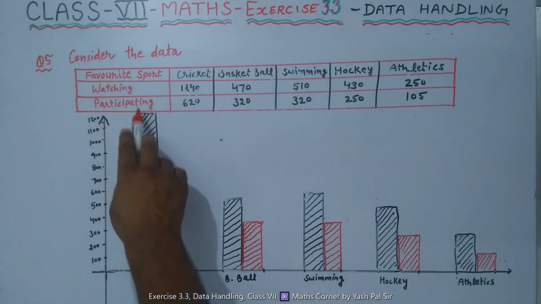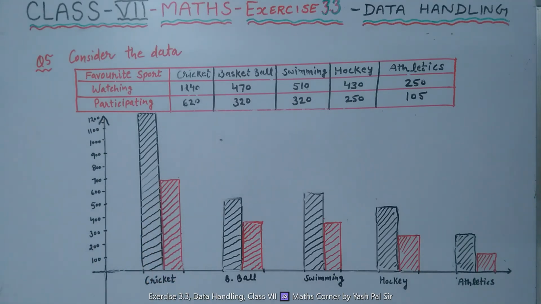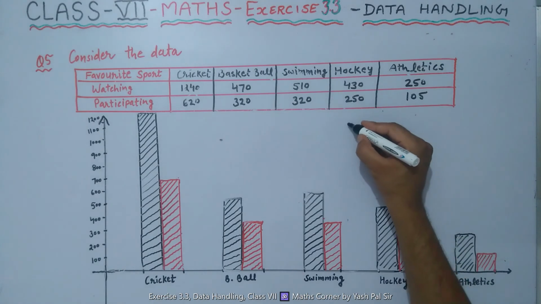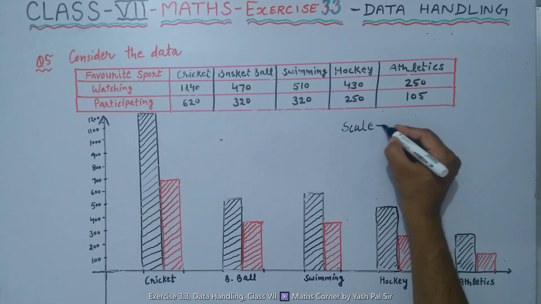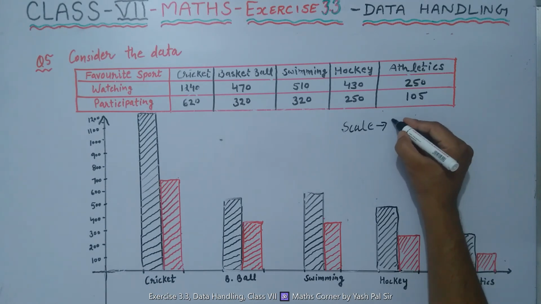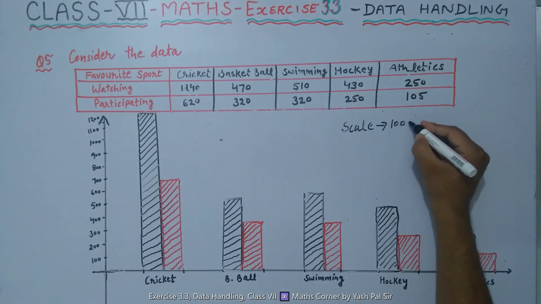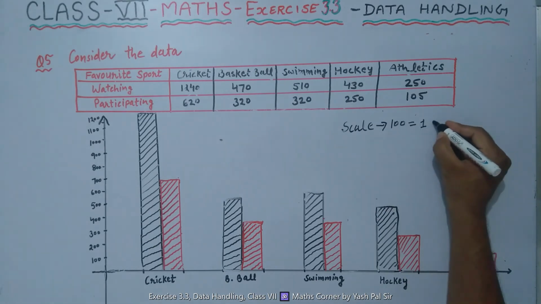Favorite sport: watching is shown with black pen. Here we have to mark first of all the scale used, 100 equal to 1 unit.